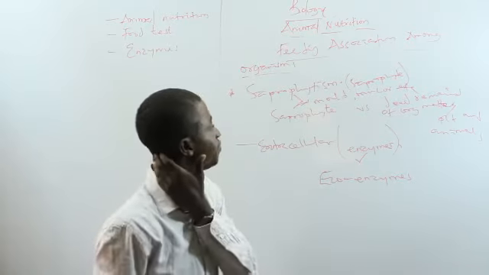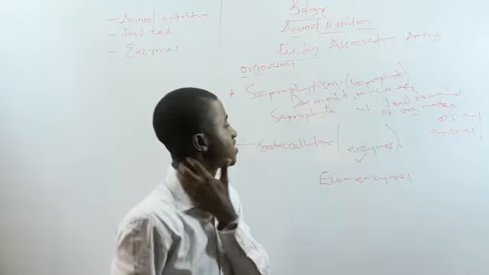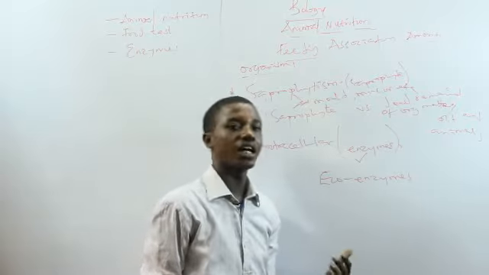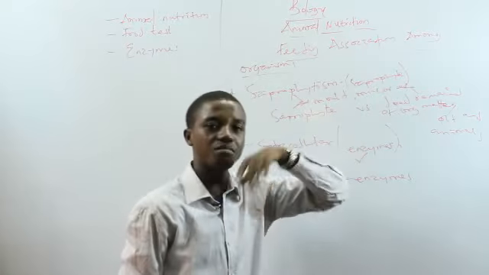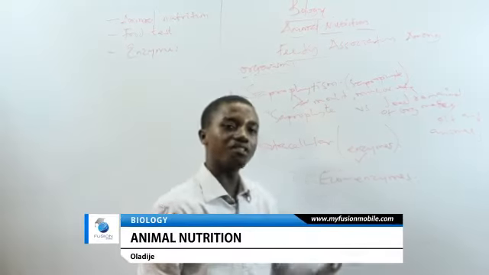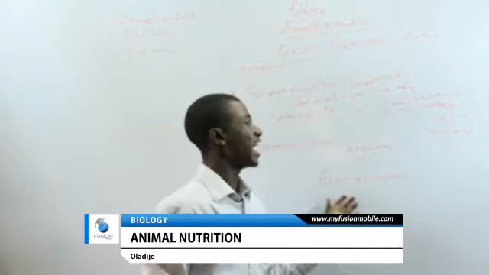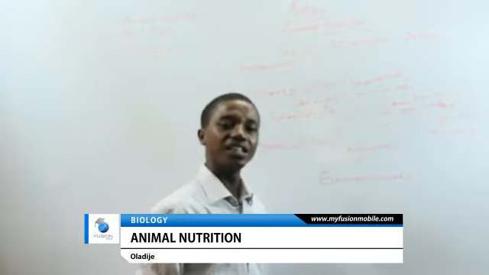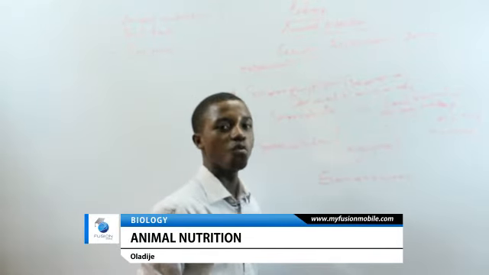Again, saprophytism is a feeding association between the saprophyte and dead remains of organic matter. The saprophyte decomposes dead remains of organic matter and feeds on it extracellularly, making use of enzymes called exoenzymes.